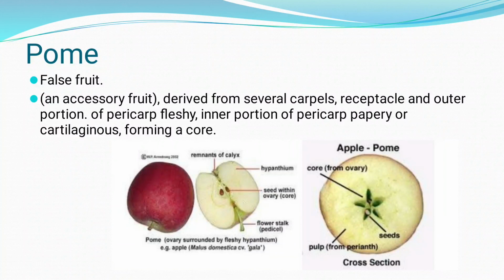Then there is a next category of fleshy fruit, that is a pome. So it is a accessory fruit derived from the several carpels, receptacles, outer portion of the pericarp fleshy and inner portion of the pericarp is papery or cartilaginous, forming a core. So you can see the structure of apple. It is horizontally cut, so having at center some seeds, and which is surrounded by papery cartilaginous material, then the edible portion, and after that at last there is an outer epicarp.